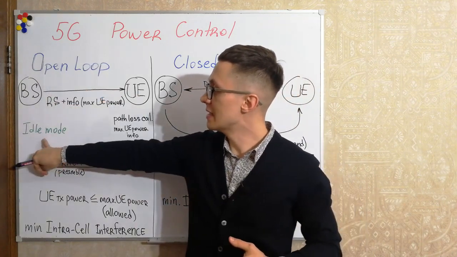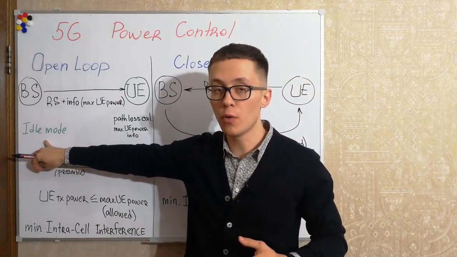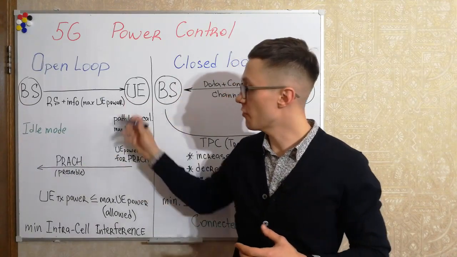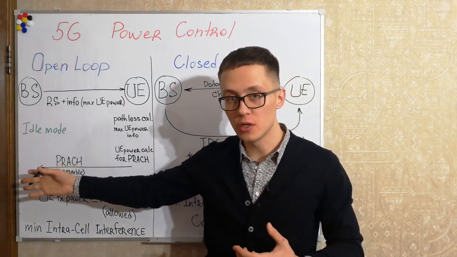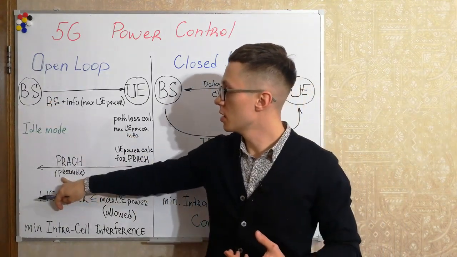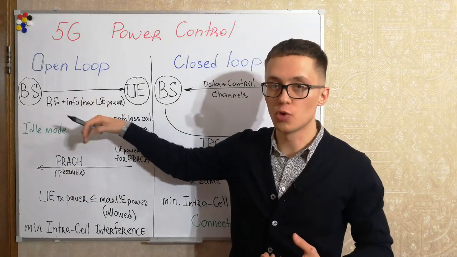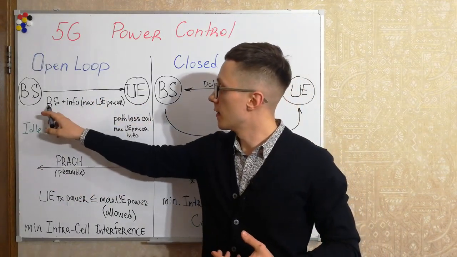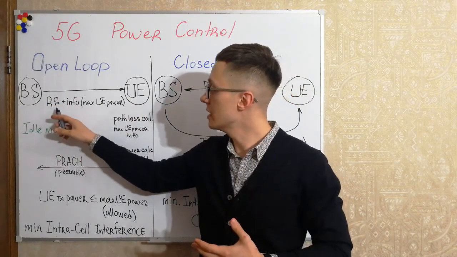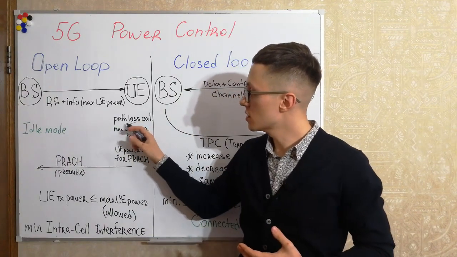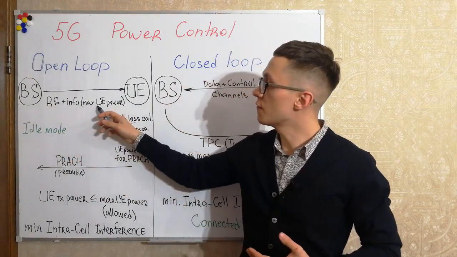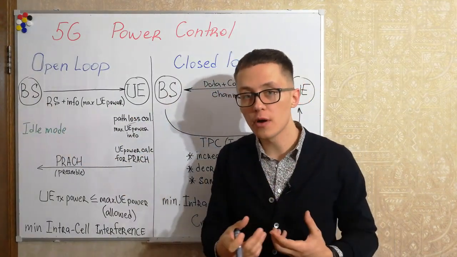Open loop happens in idle mode. This is very important. Idle mode is when user equipment wants to establish a connection to the network and send a preamble. So open loop power control uses reference signals from the base station to calculate the path loss, and reads information sent from the base station about the maximum allowed power in the cell.